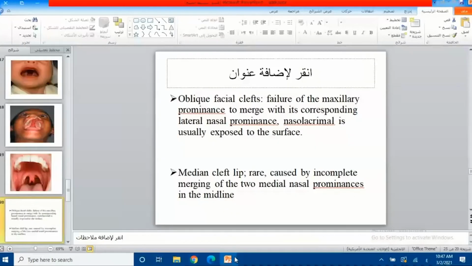You need to say what fails. The oblique facial cleft is due to failure of the maxillary prominence to merge with the lateral nasal prominence, and the nasolacrimal duct will be exposed to the surface. Okay, thank you. So what's the reason for the median cleft lip? Someone else?